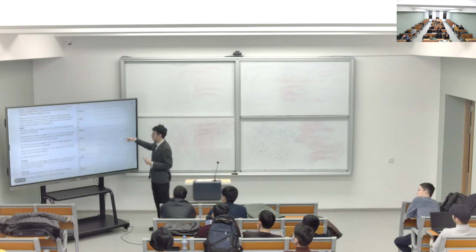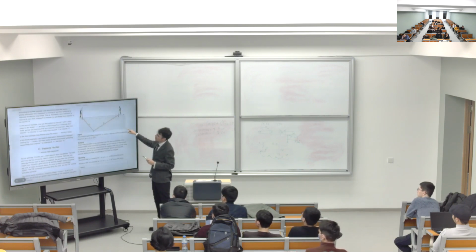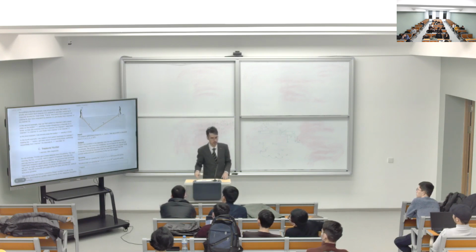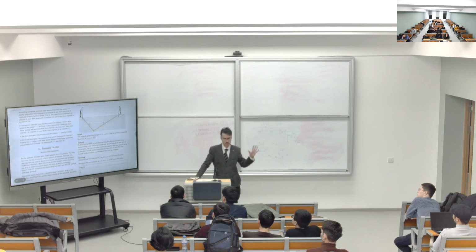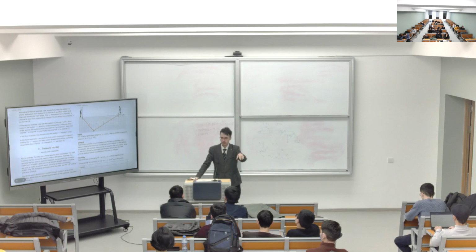Let's go to task C. So task C is the triangulation method. Does anybody know what is triangulation? So imagine you have a cell phone. So we want to find you using the cell phone.